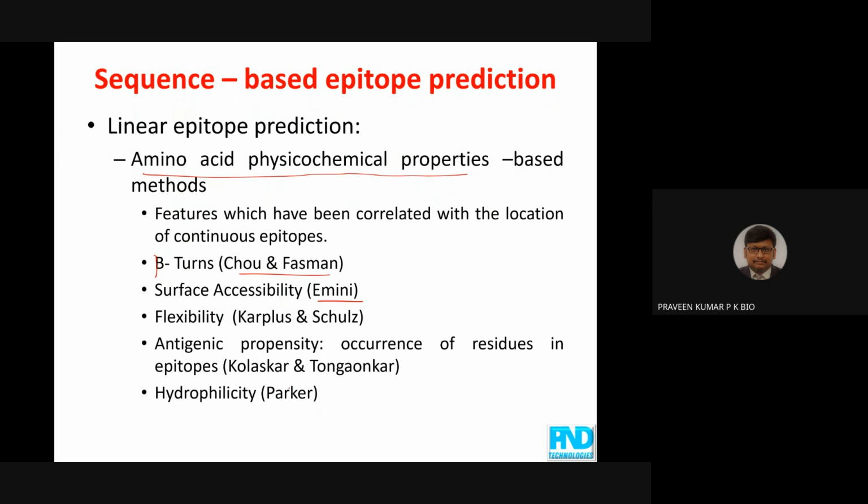All these are B cell epitope predictions. Beta turn is Chou-Fasman, surface accessibility is Emini, and Karplus and Schulz used the flexibility of epitopes. Then Pellequer and Kolaskar and Tongaonkar predicted epitopes based on antigenic propensity, that is, the occurrence of residues in epitopes. The fifth is from Parker, hydrophilicity parameters.